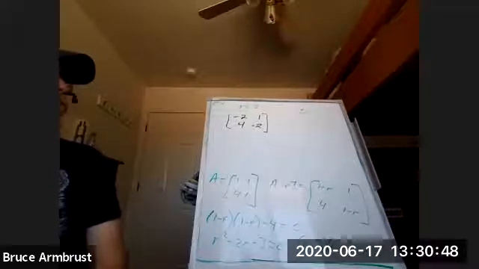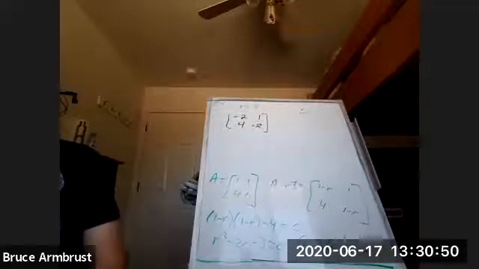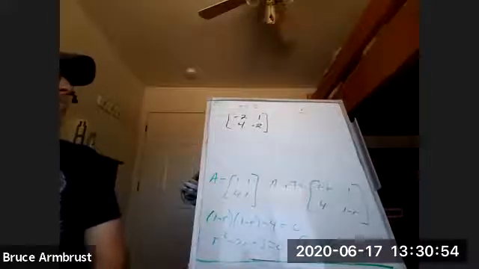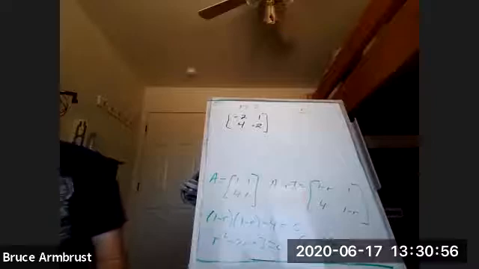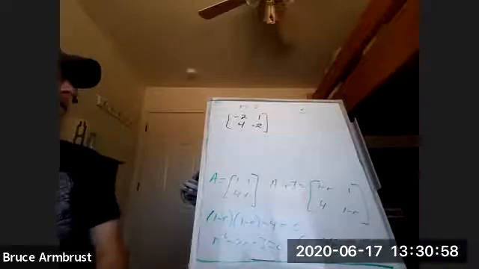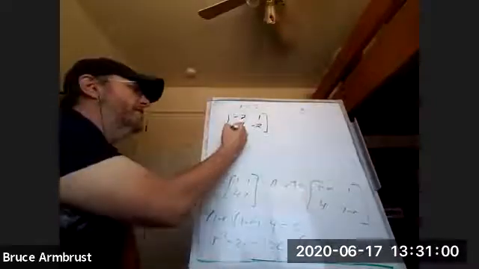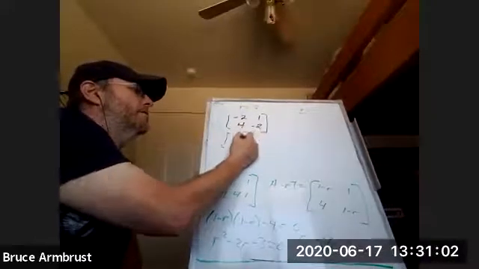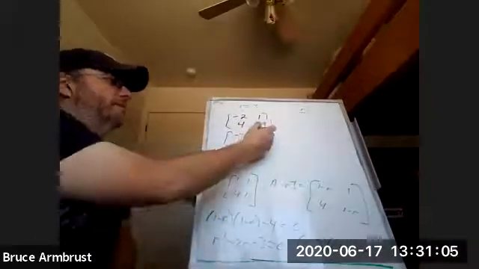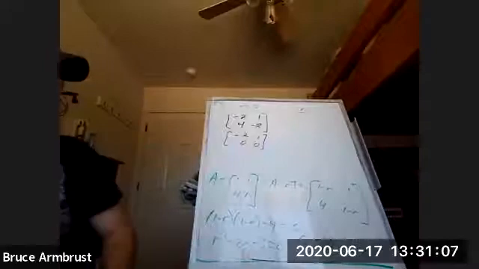So what you can do is actually put that into row echelon form, and that can help you figure out what the basis vector should be. So I'm going to go ahead and just clear that bottom row, if I take the top row times 2 and add it to the bottom.